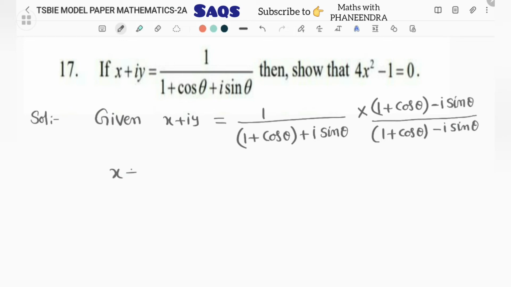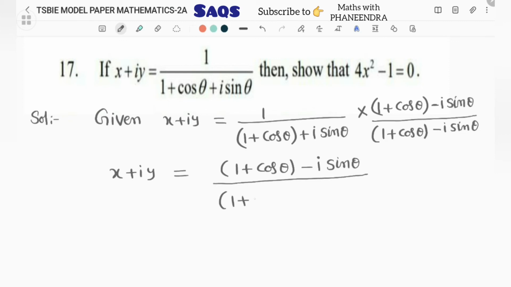So x plus iy is equal to 1 plus cos theta minus i sin theta divided by the denominator. a plus b into a minus b form is there. So a square minus b square: 1 plus cos theta whole square minus i sin theta whole square.